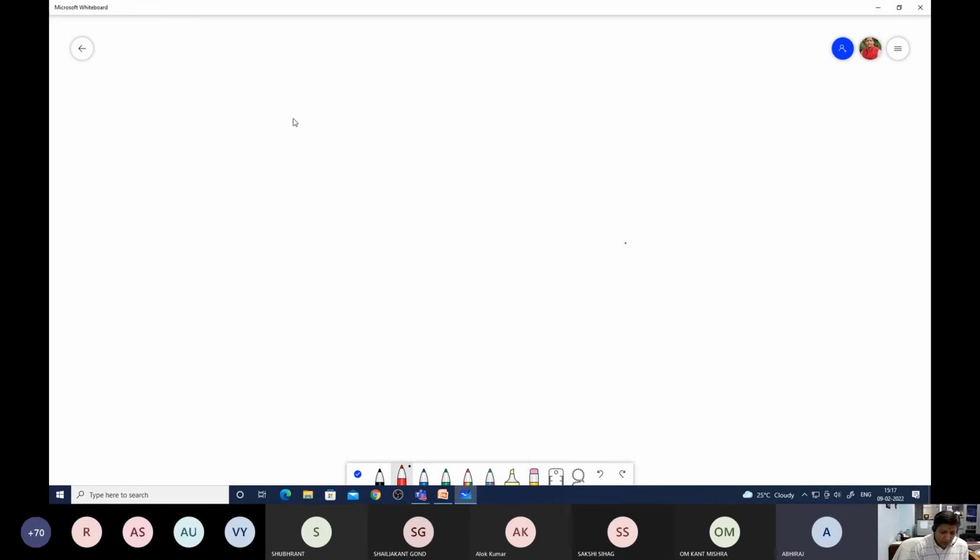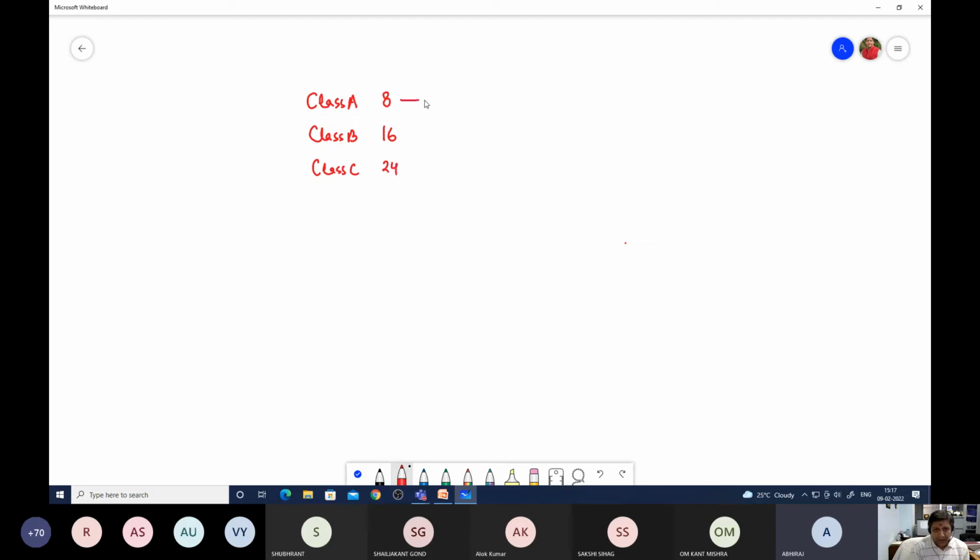As I told you, in classful IP addresses, there is class A where 8 bits are there in the network part. Class B, we have 16 bits in the network part, and class C, we have 24 bits in the network part.